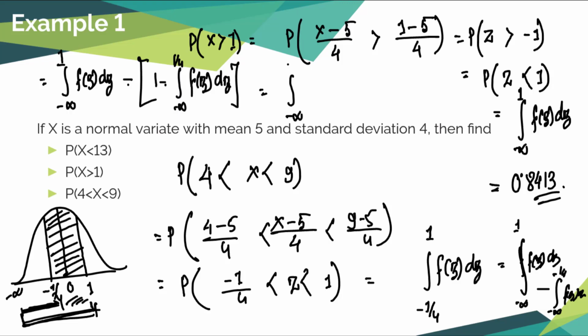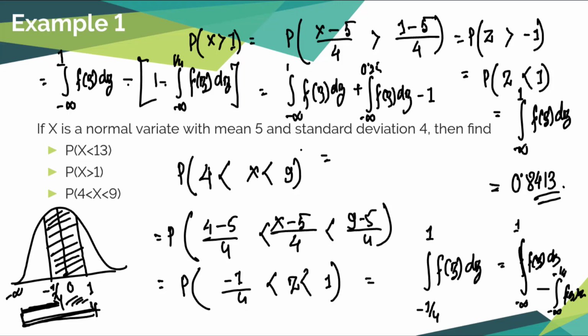So this negative and this negative lead to positive. This is the integration from minus infinity to 1 of f(z) dz plus the integration from minus infinity to 1 by 4, which is 0.25, of f(z) dz, minus 1.